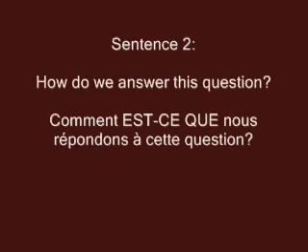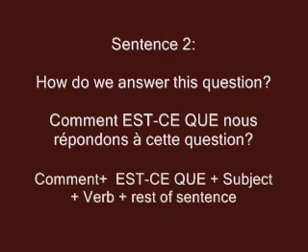The sentence number 2 was how do we answer this question? Let's try to translate this sentence again into French using our method number 2 with est-ce que. It will be comment est-ce que nous répondons à cette question?